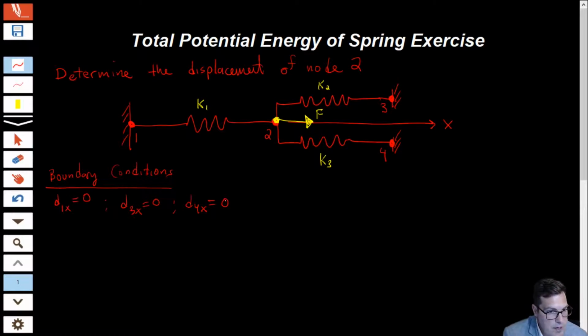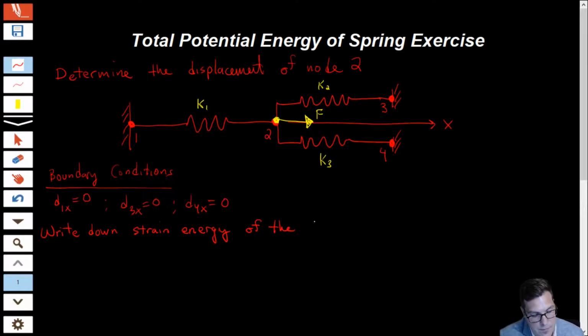The next thing we can do is write down the strain energy of the problem. And if you remember, we call that big U. We can just go from left to right here.